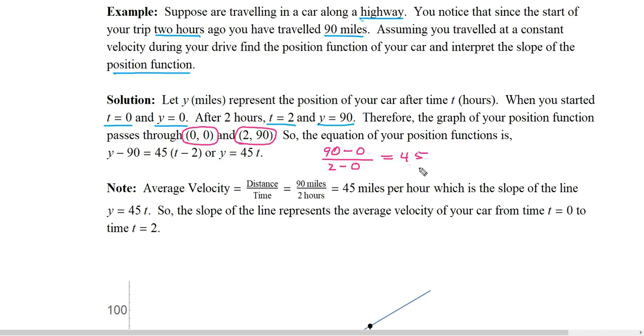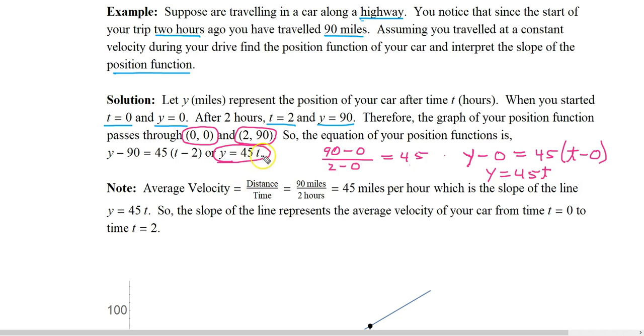And then the equation of the line is just going to be y minus, we'll pick one of these points like 0, 0, y minus 0 equals 45 times x minus 0. So in other words, we'll put t in place of x, we'll use the letter t for time. And we get the equation of our line, our position function, y equals 45t, which we have right here.